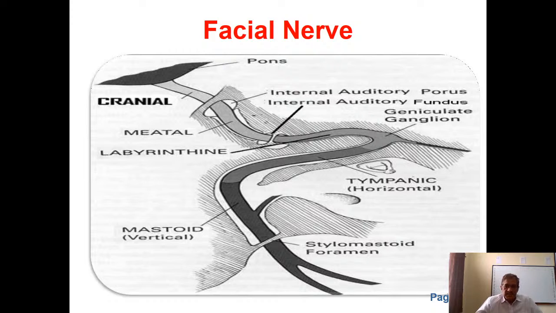So if the expression is not proper, then the quality of life comes down. And so that is why the facial nerve is given so much importance, and we need to understand the complete course of the facial nerve.